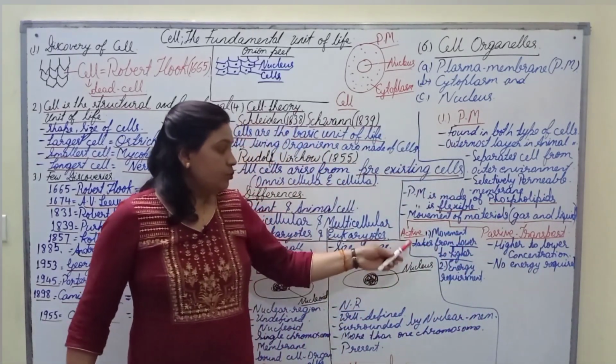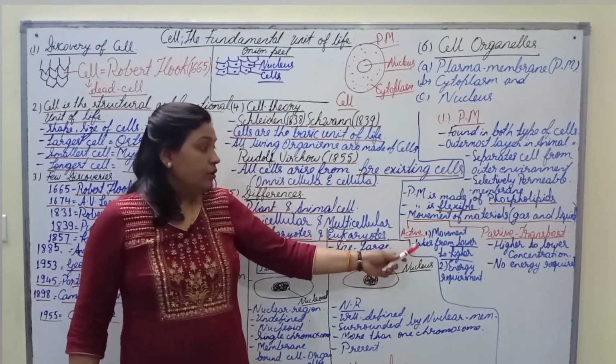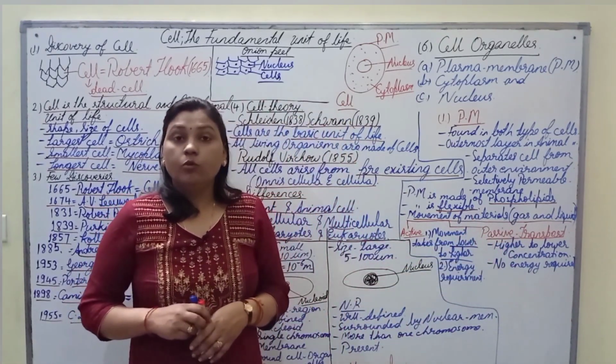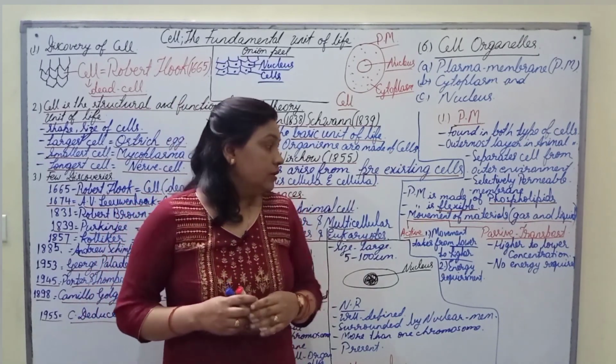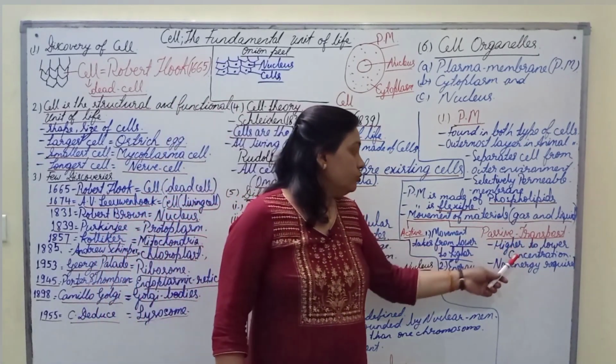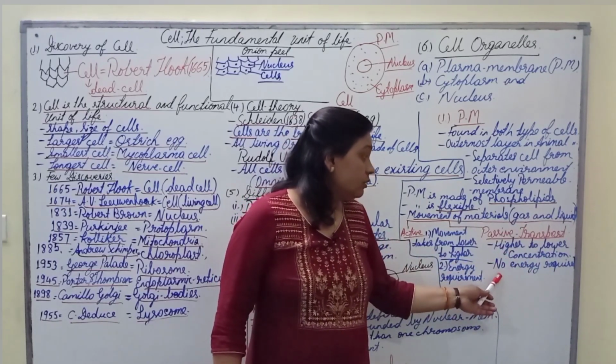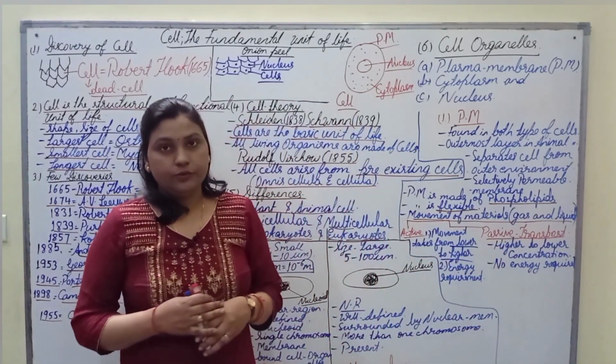So this process requires energy. While in passive transport, the movement of materials in the form of liquids and gases takes place from the higher region of concentration to the lower region of concentration, and here no energy is required.